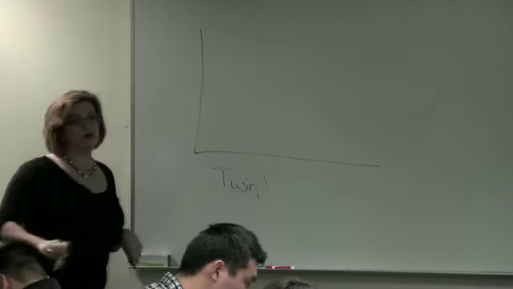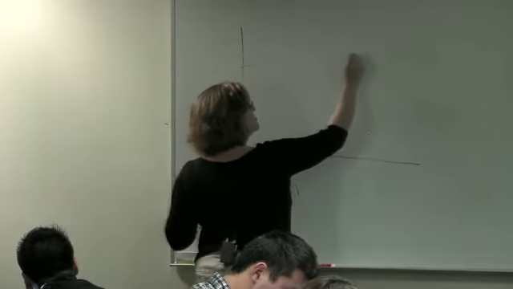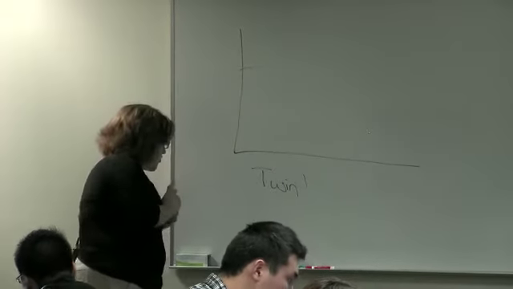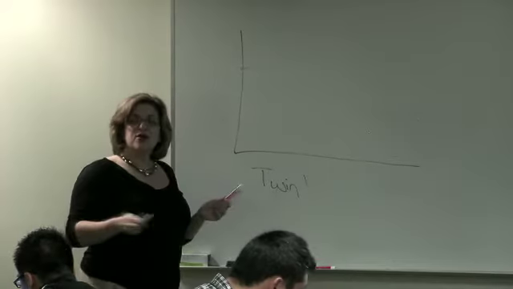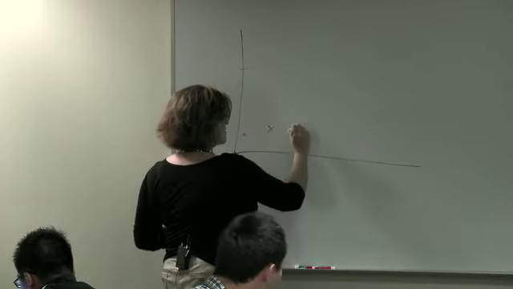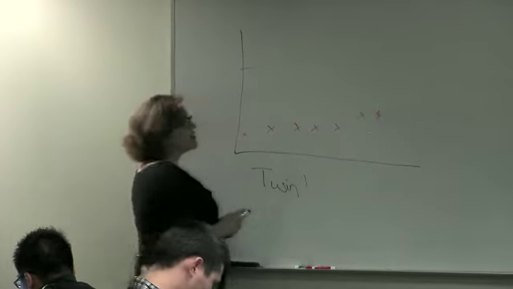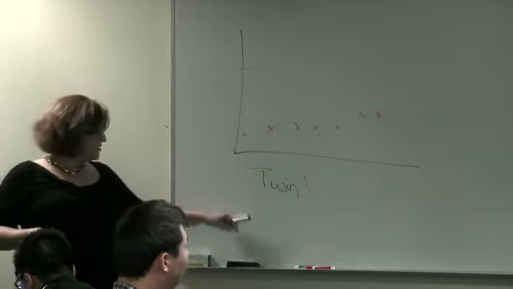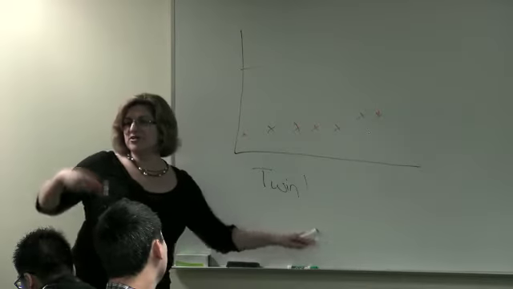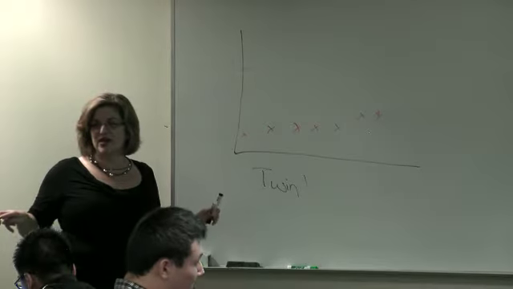With twin one, if this is average reading skill, what we want to see is, with the first twin looking at their reading skills, we expect that there would be something known as regression to the mean. How many of you have heard the term regression to the mean before?